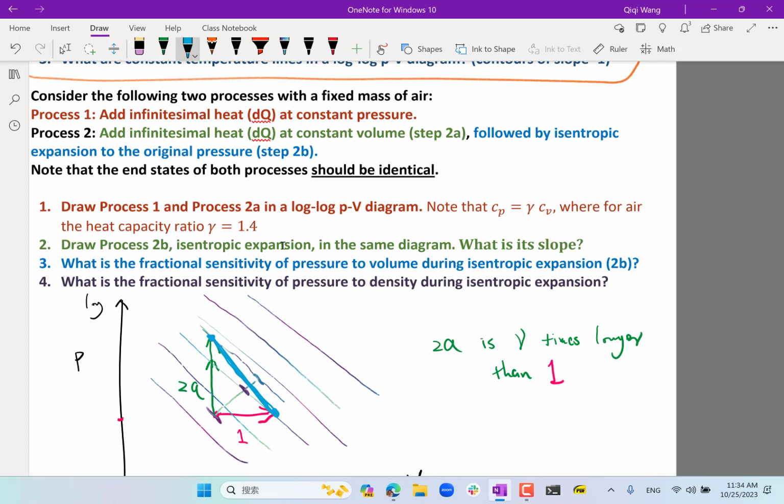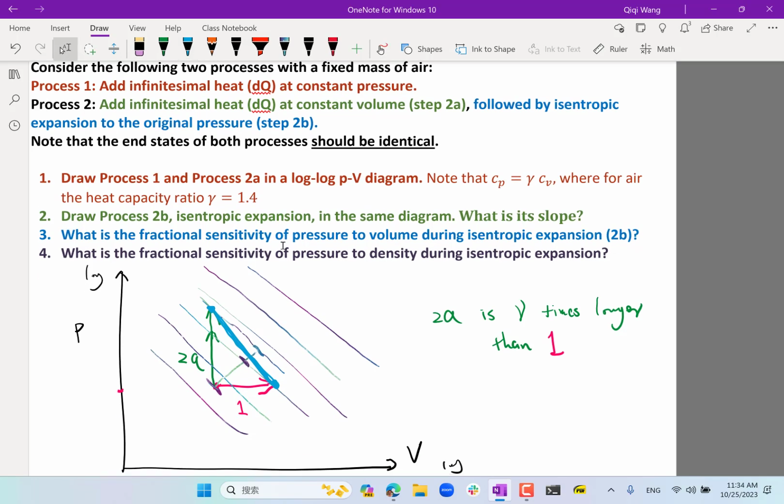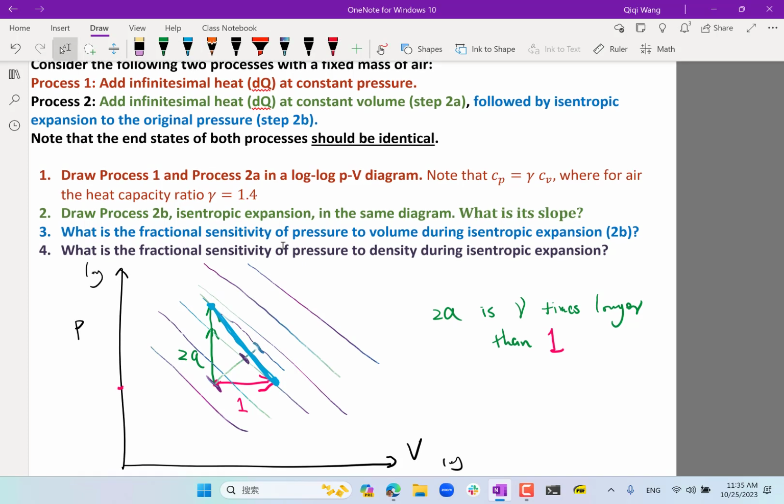Now, what is the slope of this line? The slope of this line is actually minus gamma, because the vertical axis is gamma times longer than the horizontal axis. So the isentropic expansion has a slope of minus gamma. What that means is the fractional sensitivity of pressure to the volume during isentropic expansion.